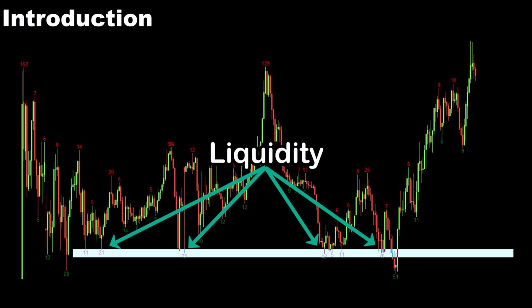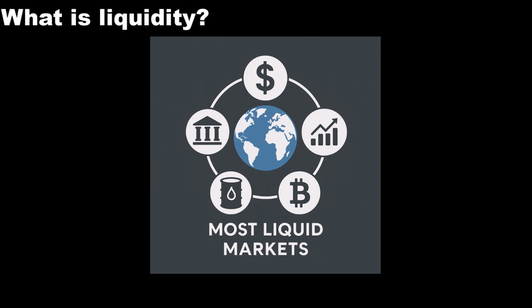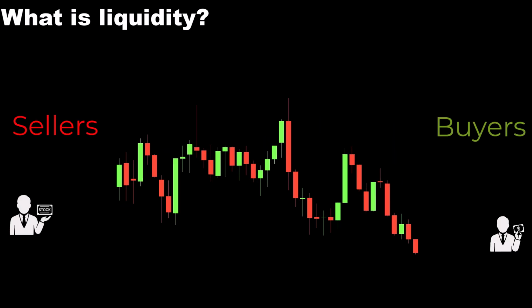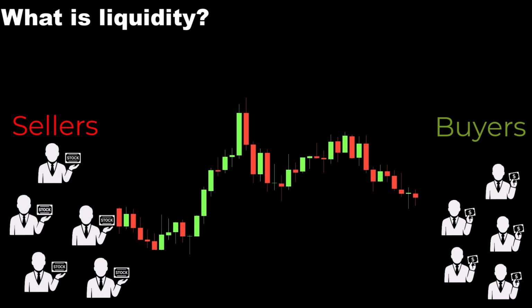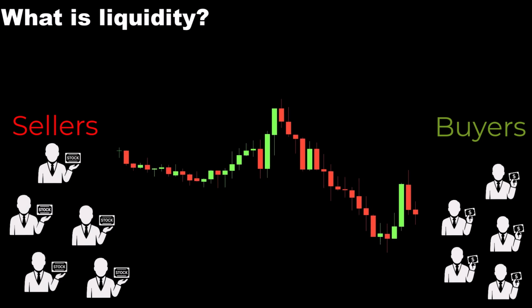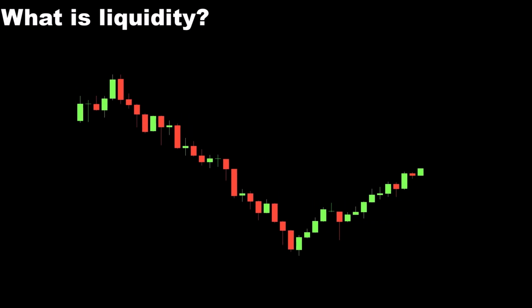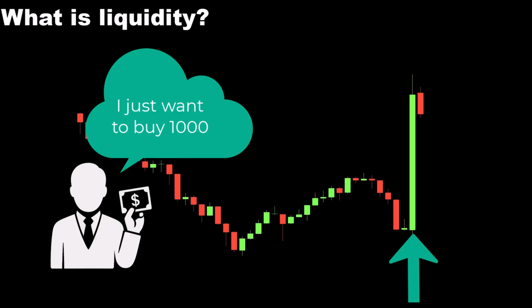So, let's begin. In trading, liquidity refers to how easily an asset can be bought or sold without creating big price changes. A highly liquid market means there are many buyers and sellers, and trades can be executed smoothly. When liquidity is low, even a small order can move the price a lot.